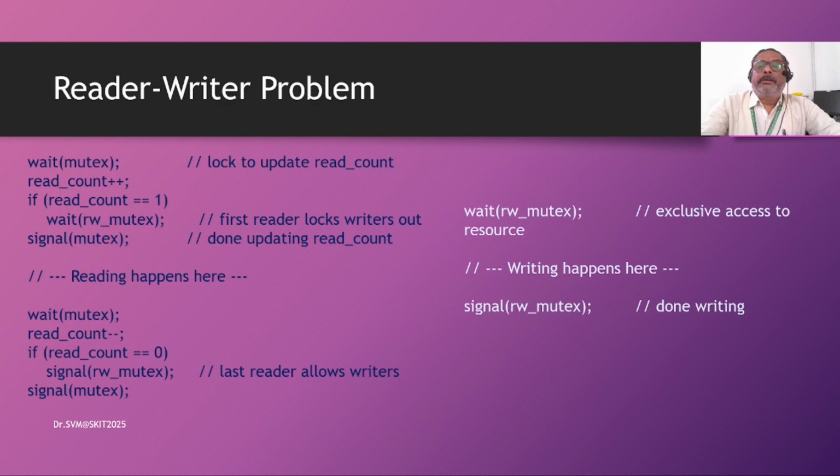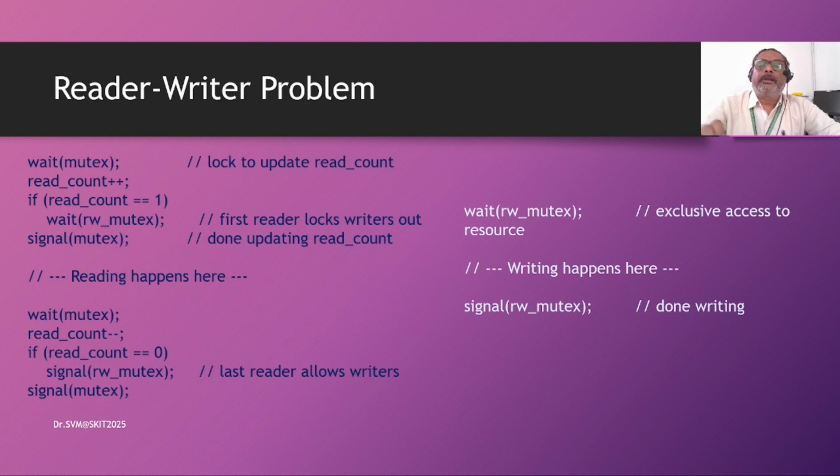Now looking at the writing side, what can the writing process do? First, make sure to capture the whole shared resource, never allow anyone else. Therefore, wait till that shared resource is free.